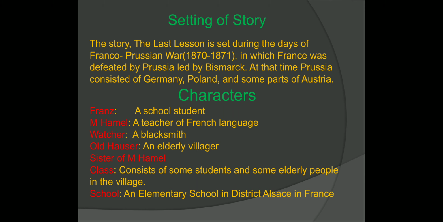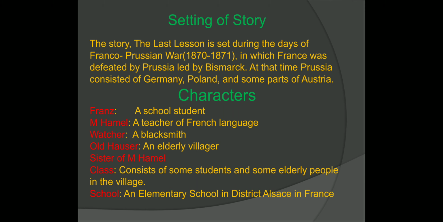Then the third character is Watcher, a blacksmith. Then Old Hoser, an elderly villager. Then the sister of M. Hamel, who will appear once or twice, so one of the minor characters.